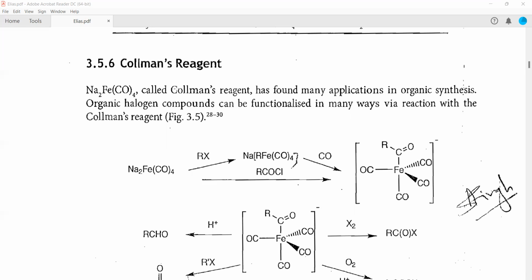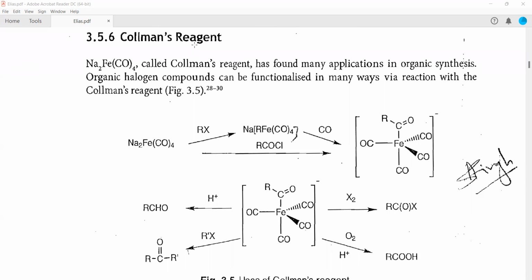And then further, if you give more carbonyl, carbonyl insertion can take place between the metal and the alkyl bond. Once this is formed, if you give an acidic medium, you can form the aldehyde, and if you give some halogens, you can form carbonyl halides.